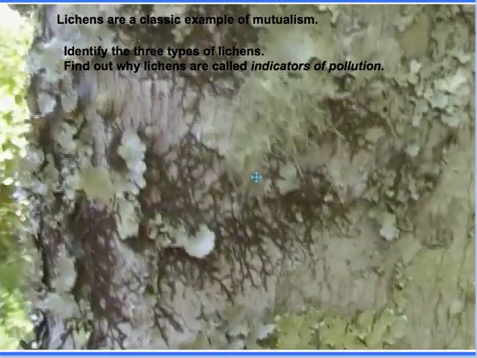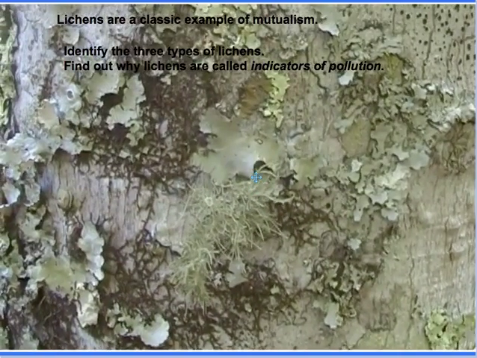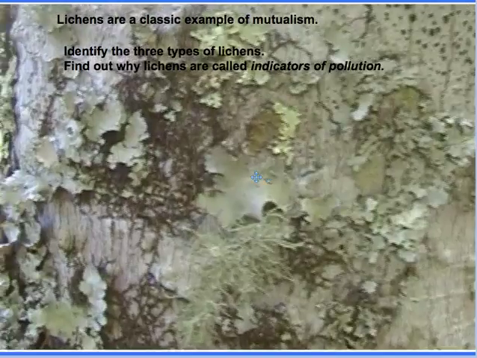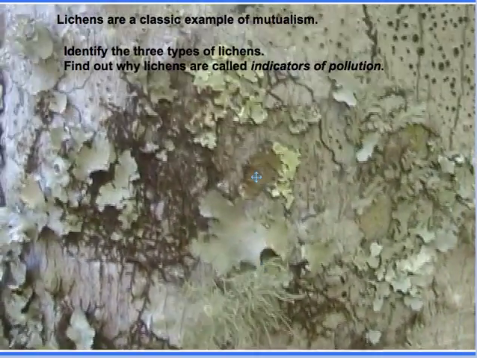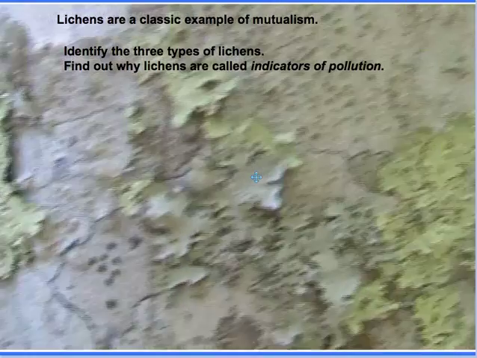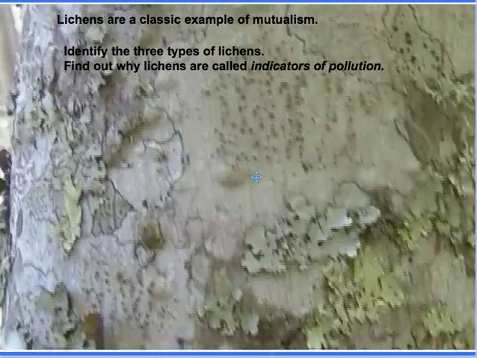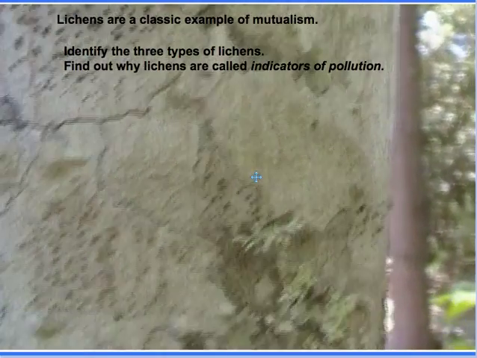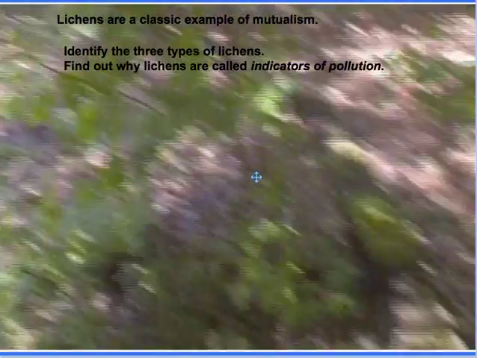And there are 3 types of lichens, and I would like you to find out a bit more about lichens and identify the 3 types that you see in this video. And I would also like you to find out why lichens are called indicators of pollution. So here in this video, we see on the trunk of this tree three kinds of lichens right here in this picture right now.